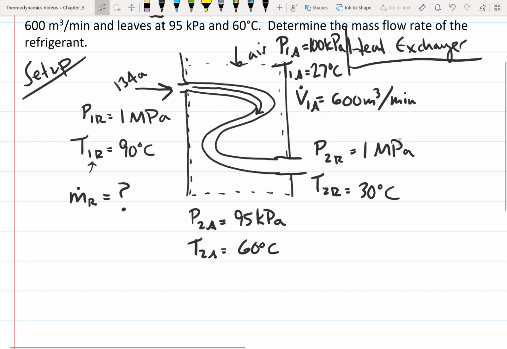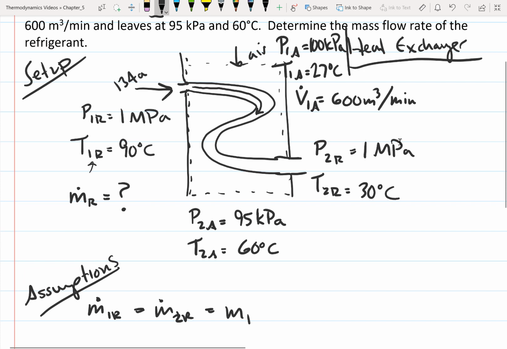We're going to assume that the mass of the refrigerant isn't changing with time inside the control volume, and the mass of the air isn't changing with time inside the control volume. So what that means is that the mass flow rate of the refrigerant in is equal to the mass flow rate of the refrigerant out.